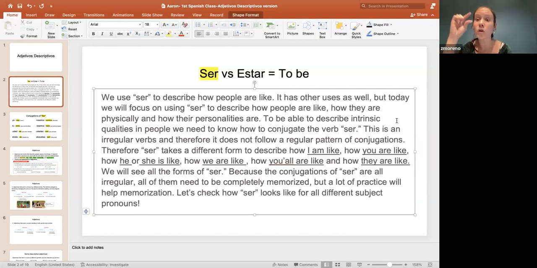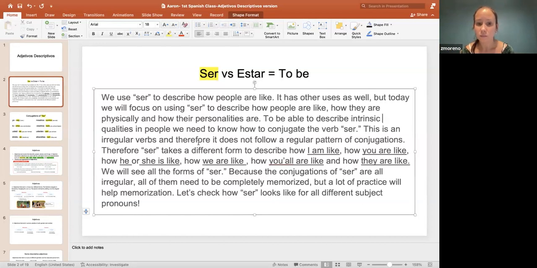So if you learn that pattern, you can do that with every single verb that ends in the same two letters, okay? And then you know how to conjugate all those verbs, yeah? But in the case of ser, it doesn't follow a regular pattern because it is irregular. You just have to memorize it, you know? Just say, okay, this I just have to memorize, okay?